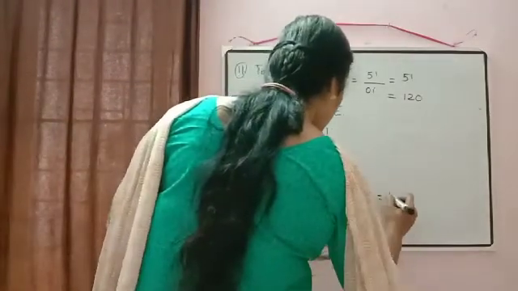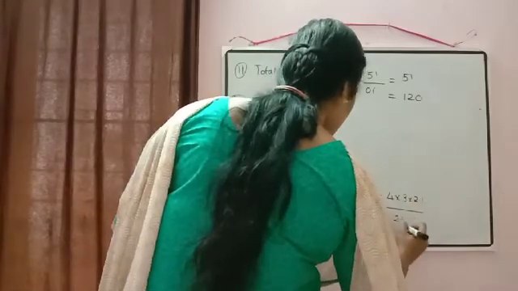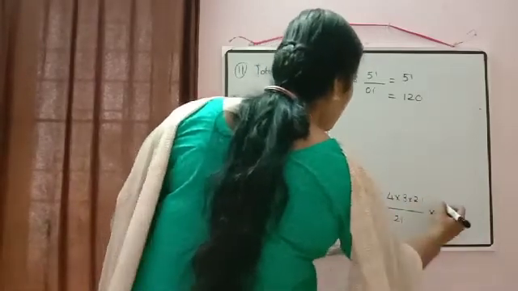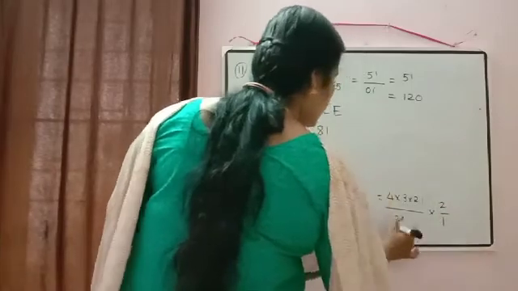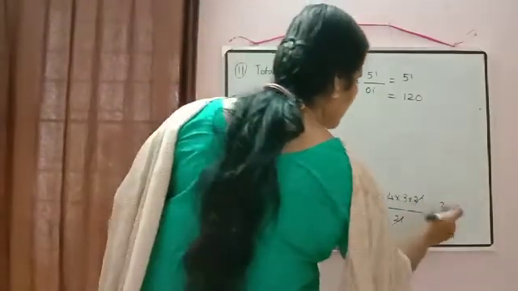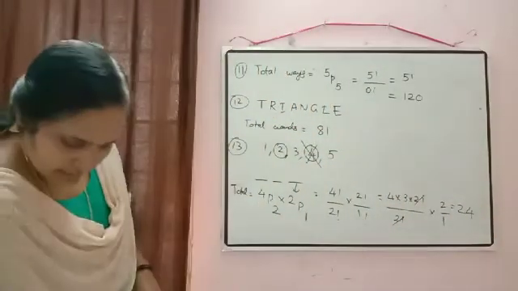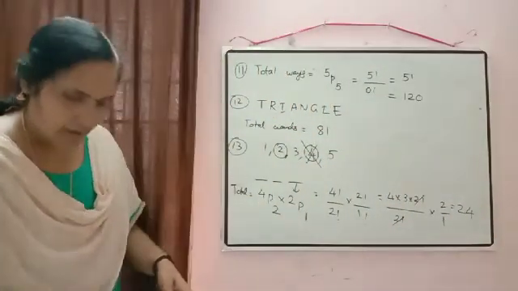So 4 factorial can be written as 4 into 3 into 2 factorial by 2 factorial. 2 factorial is 2 by 1. 2 factorial will get cancelled. Here it will be equal to 4 3s are 12, 12 2s are 24. So total 24 even numbers are possible.